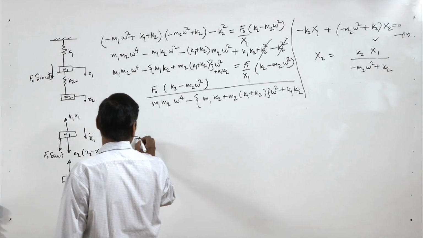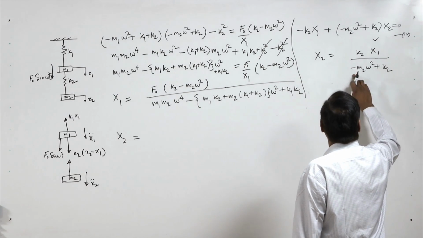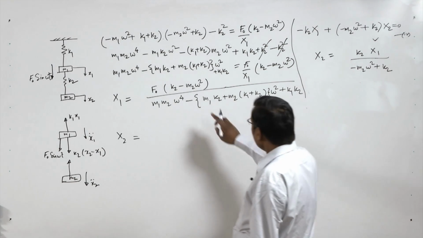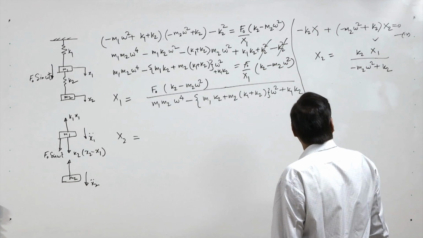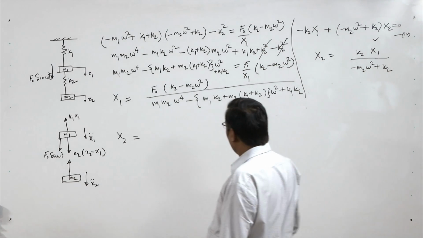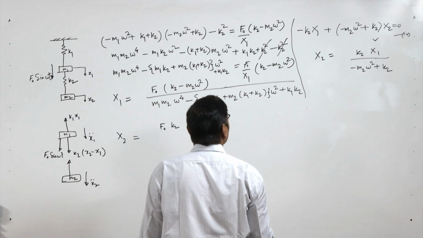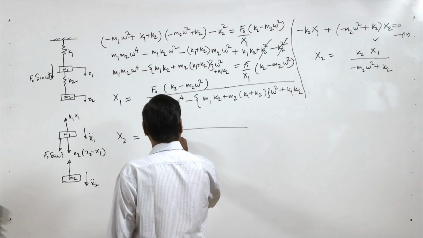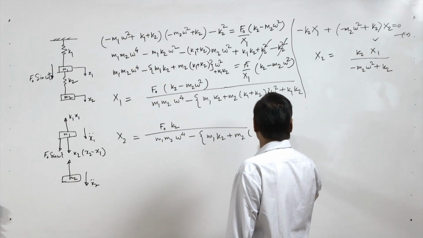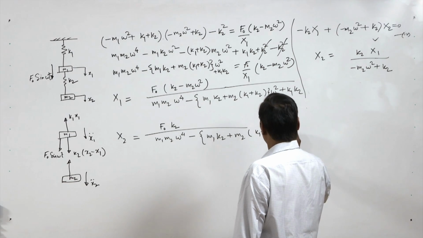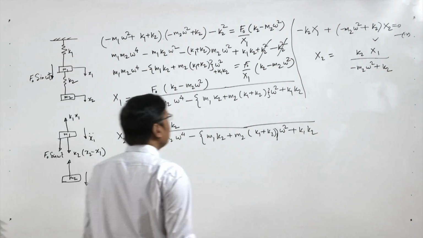In the denominator is k2 minus m2 omega square, and in the numerator here is k2 minus m2 omega square, so they will cancel out, and we will get F0 k2 upon m1 m2 omega power 4 minus (m1 k2 plus m2 (k1 plus k2)) omega square plus k1 k2. So this is what we have got.